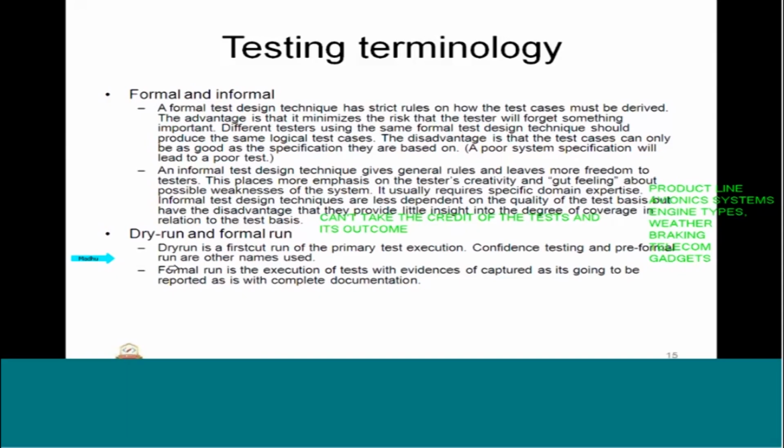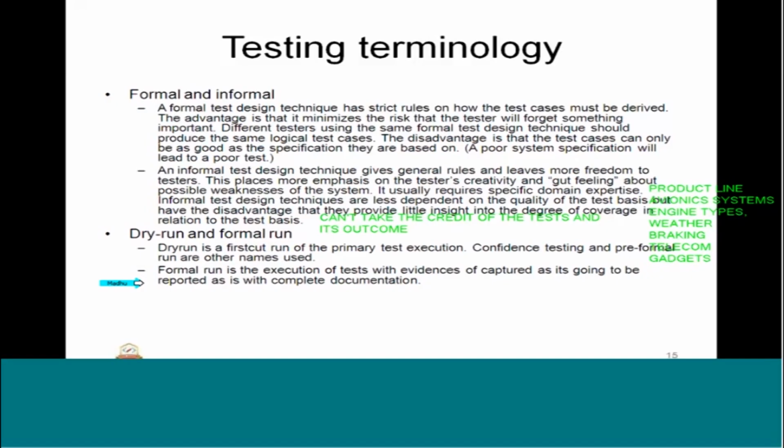We know it is the same as whatever we have studied in the previous bullet. Formal run is the execution of tests with evidences captured as it is going to be reported with the complete documentation. So once we are done with this formal run, that is what is going to matter in terms of reporting pass, fail, revisit, whatever is required.